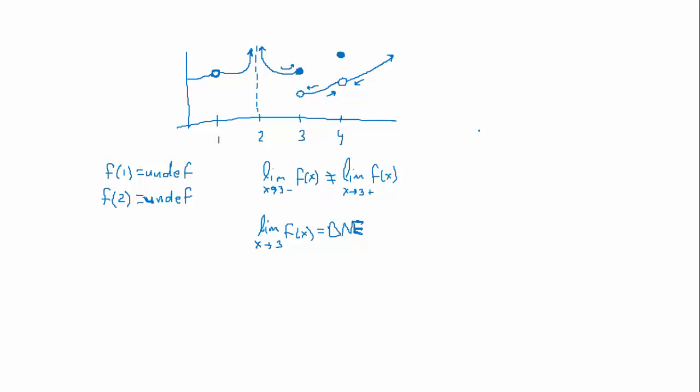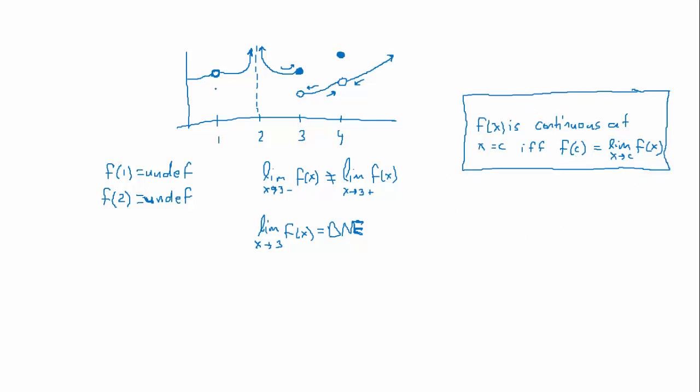So a formal definition of continuity might say that the function f of x is continuous at a point x equals c if and only if the value of the function at that point c, f of c, is equal to the limit as x approaches c of the function f of x. So this contains all three requirements. The function is defined, the limit exists, and those two things are equal to each other.